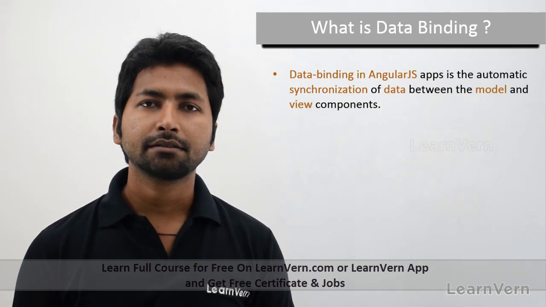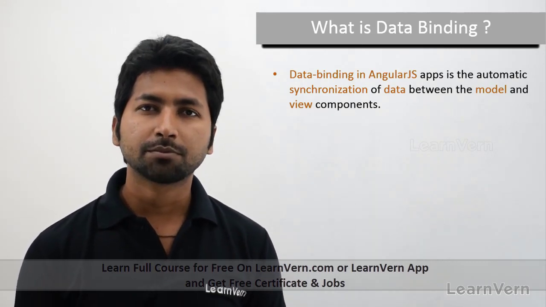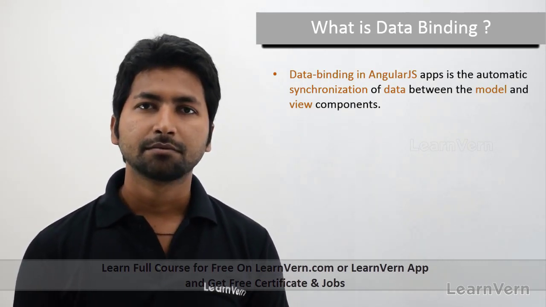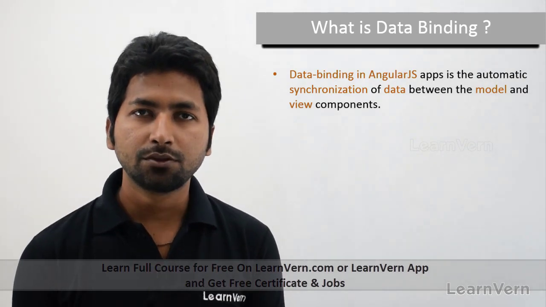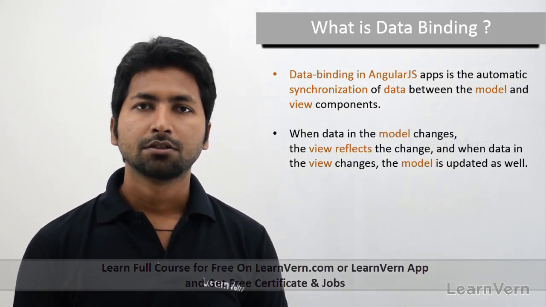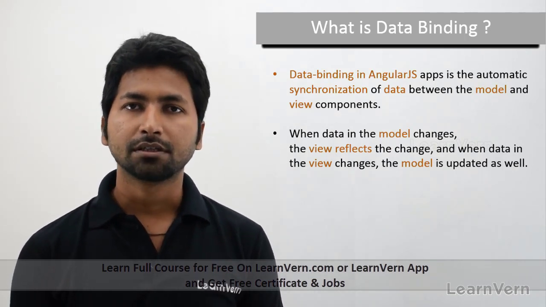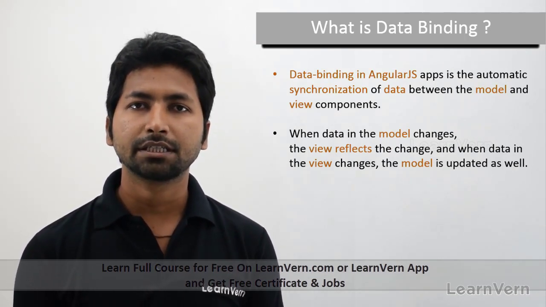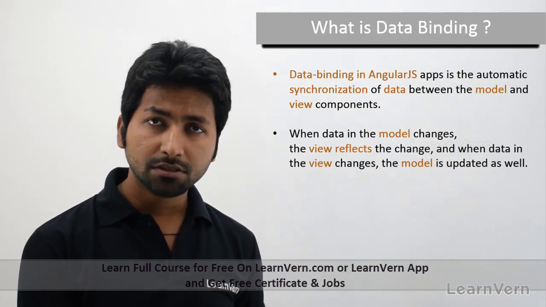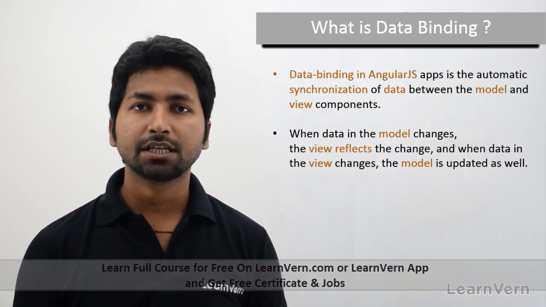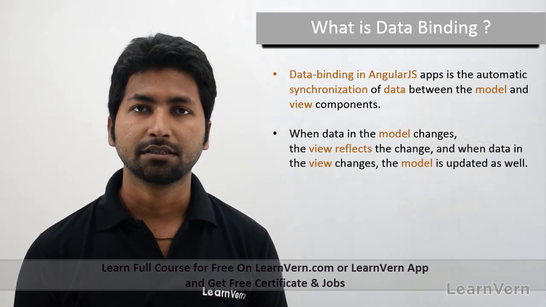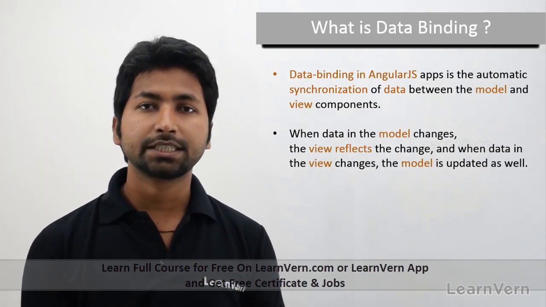So data binding is the automatic synchronization process of data between your view and your model. So whenever we make changes in the view, it will be reflected in your model, and whenever some changes are made in your model, they will be reflected in your view. So in this way we achieve two-way data binding. So AngularJS provides two-way data binding.